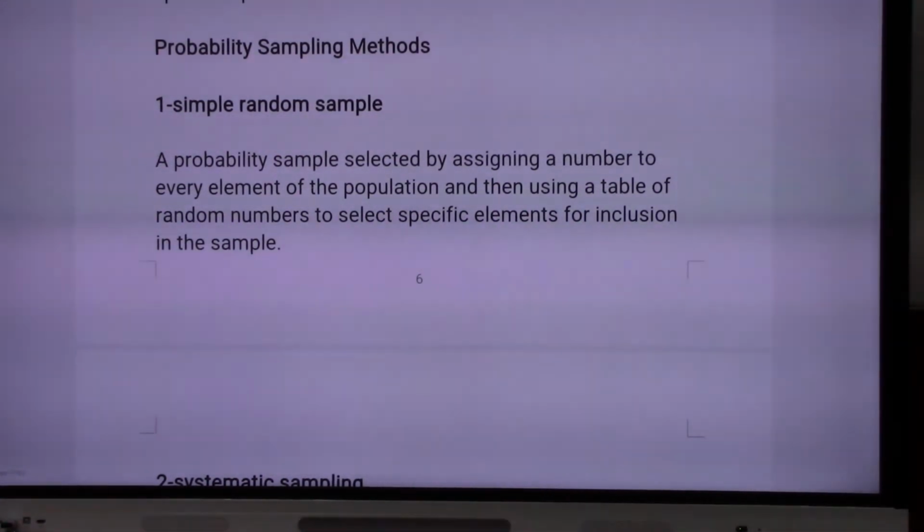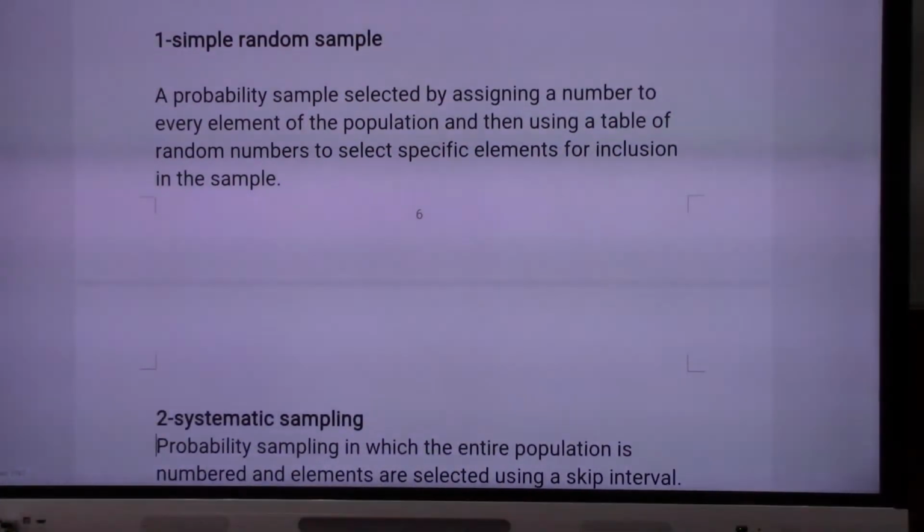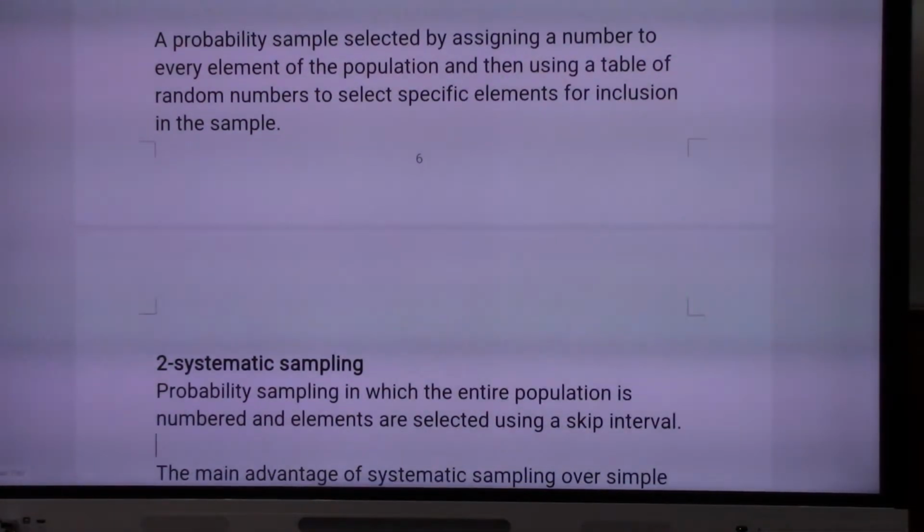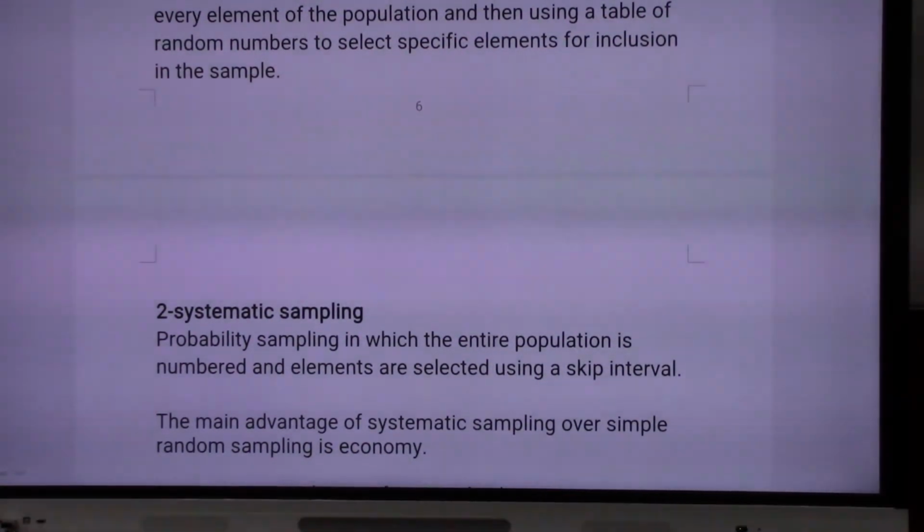Another type of sampling is called systematic sampling. Systematic sampling is a probability sampling in which the entire population is numbered and elements are selected using a skip interval.